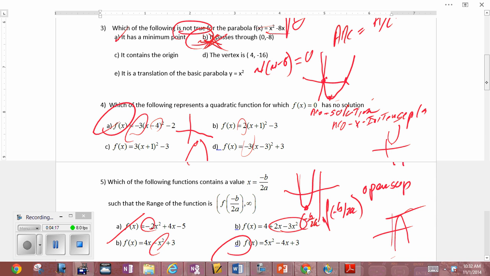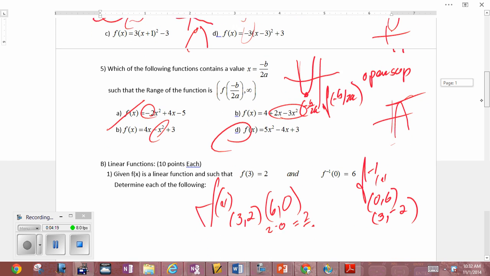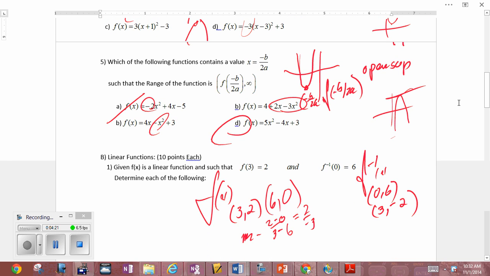So you luck out with that as your answer right away. Okay, number 5. Again, a follow-up on parabolas and vertices and direction of flow of the parabola. We say, for which of the following is the range of the function from the low point, from the vertex point to infinity?